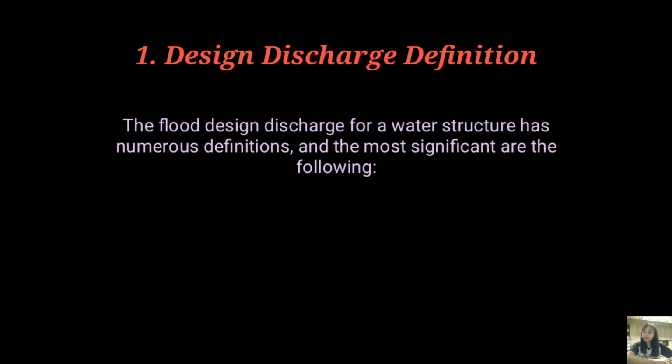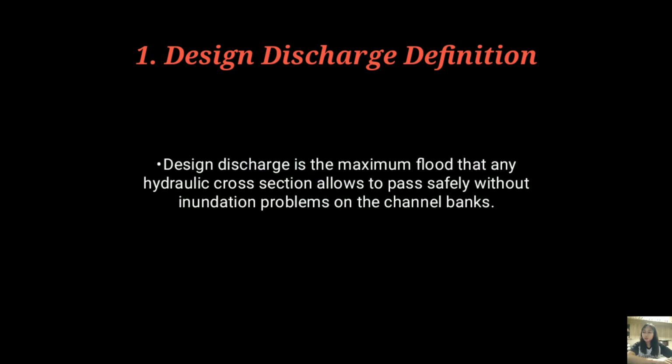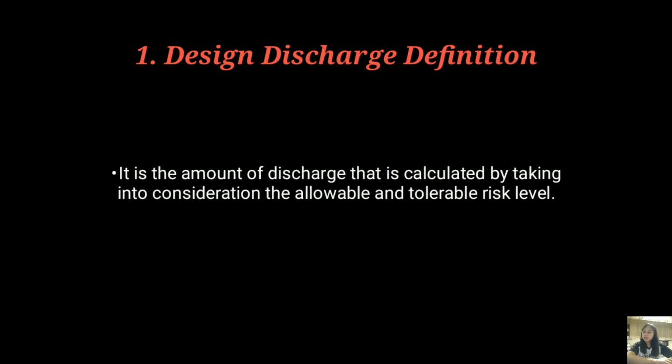The flood design discharge for water structures has numerous definitions, and the most significant are the following. It is the maximum flood that any hydraulic cross-section allows to pass safely without inundation problems on the channel banks. It is the amount of discharge that is calculated by taking into consideration the allowable and tolerable risk level.